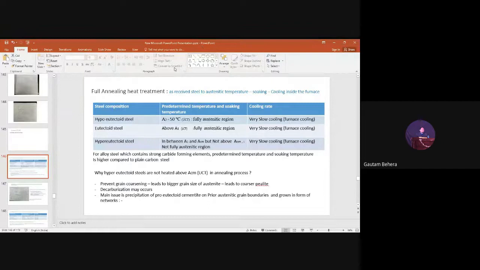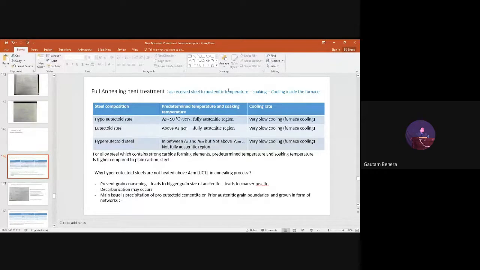So here you understand, in full annealing heat treatment, the as-received steel is taken to the austenitizing temperature, right? And if you remember, the austenitizing temperature is not fixed, for hypoeutectoid steel or hypereutectoid steel, because if there is a change in composition, the austenitizing temperature will change, right?